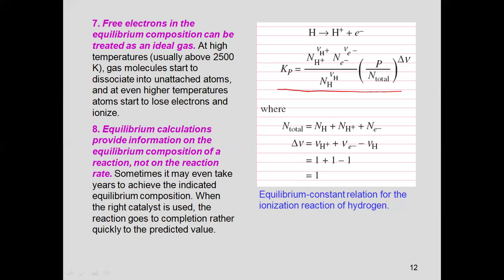That means how fast the equilibrium will be reached cannot be known from the equilibrium calculation.